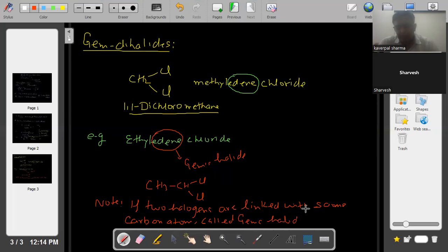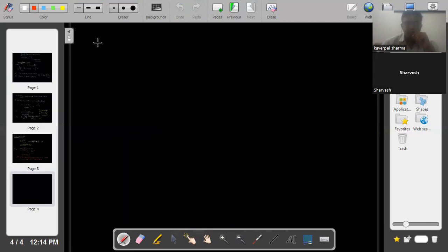Alright, more examples I am giving you. When you write, there is no need to write dihalide, only write ethylidene chloride, propylidene chloride.